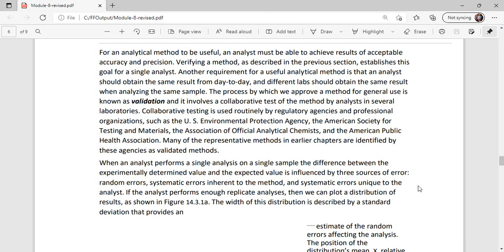Another requirement for a useful analytical method is that an analyst should obtain the same result from day to day, and different labs should obtain the same result when analyzing the same sample. The process by which we approve the method for general use is known as validation, and it involves a collaborative test of the method by analysis in several laboratories.